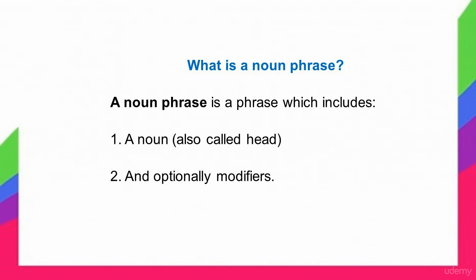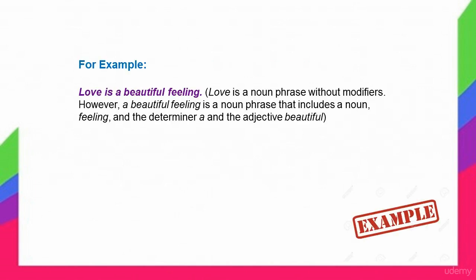A noun phrase is a phrase which includes 1. A noun, which is also called a head, and 2, which is optional, modifiers. For example, love is a beautiful feeling. Love is a noun phrase without modifiers.